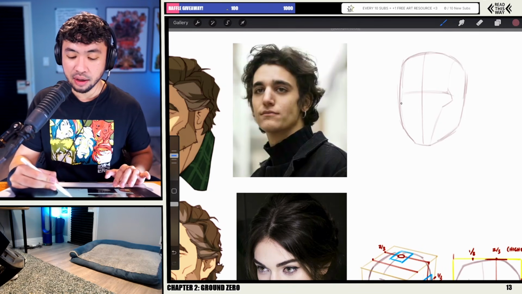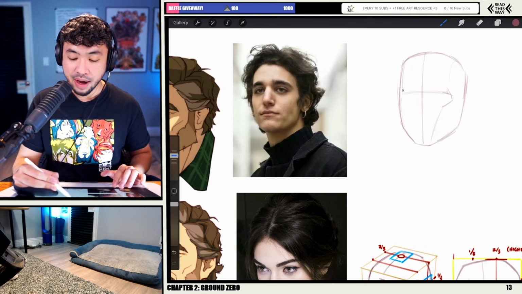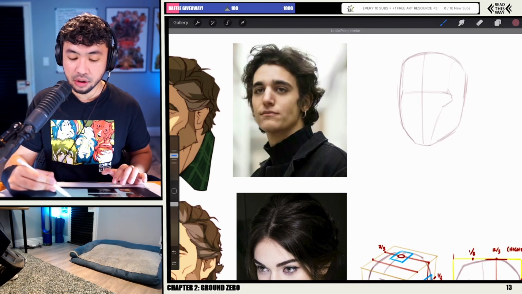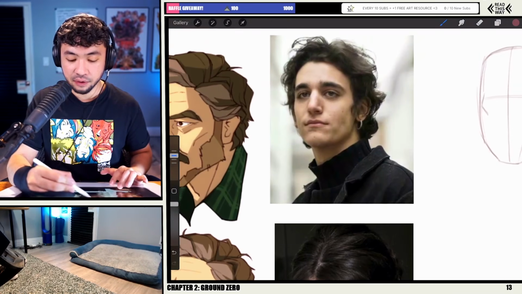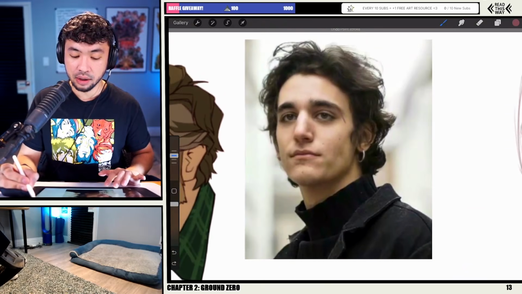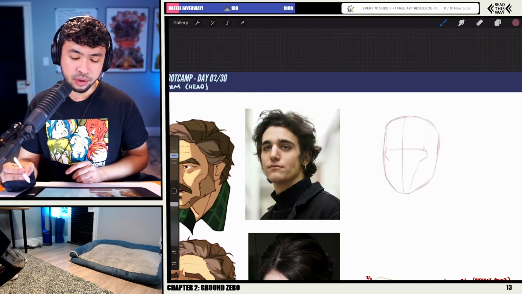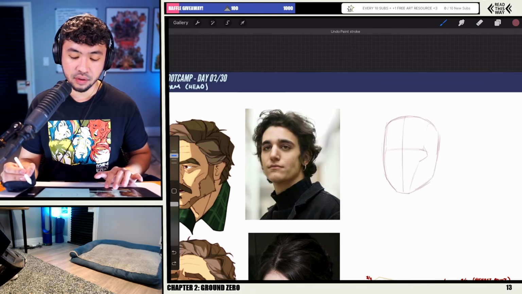It's not just that I'm drawing a circle and then a triangle for the chin. I'm actually thinking about the volume that's going on with the face. So we're looking for some of these planar features of the face to make sure that we get a good understanding of that when we actually draw it ourselves. And then we'll talk a little bit about some of the stylizations of the face as well. So we'll do some of that too.